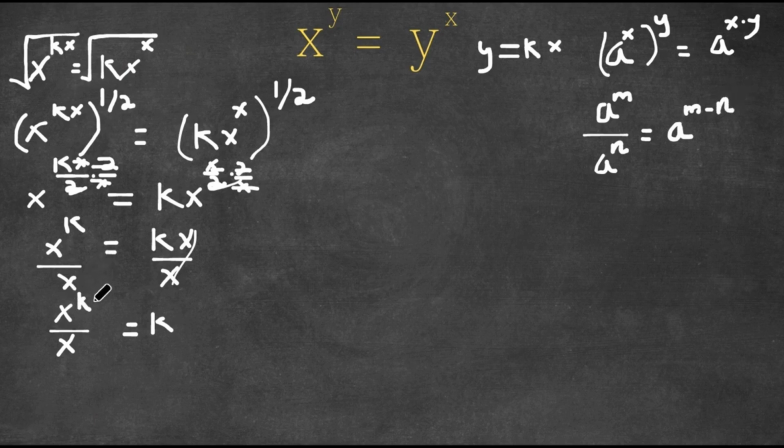So right here we have x to the power of k over x to the power of 1. So this is the same thing as x to the power of k minus 1. And this is still equal to k.